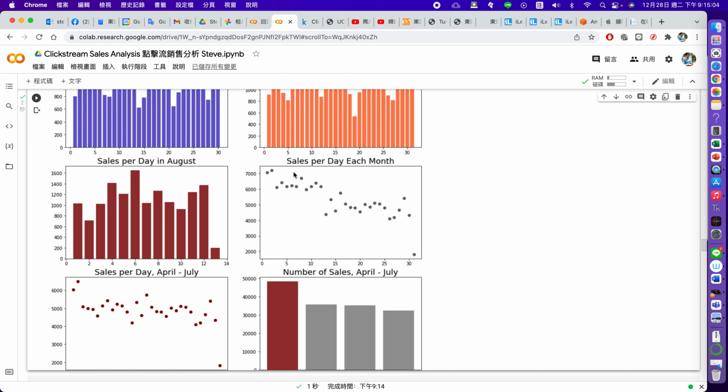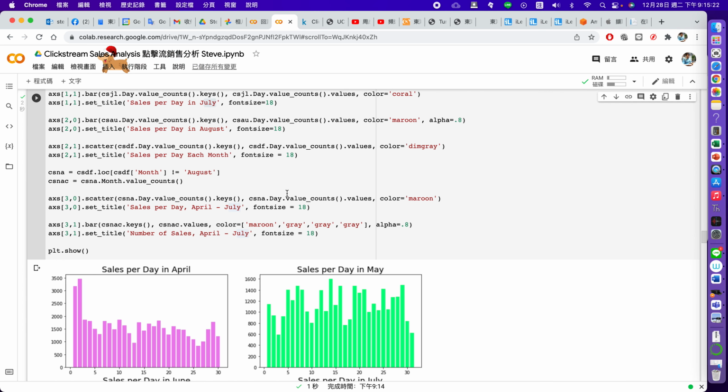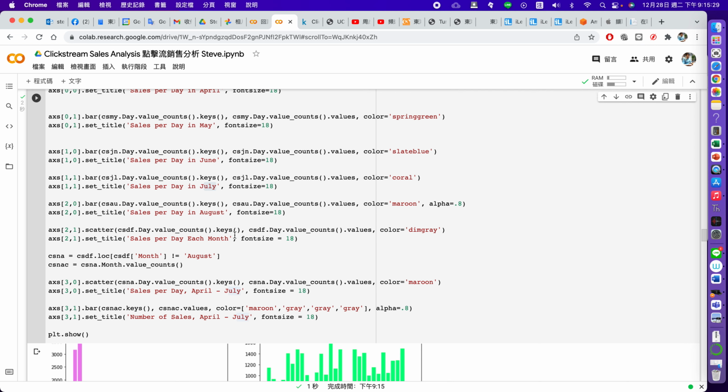And we also show the sales per day for each month. For April, the number of sales, okay, except August. Okay, so you get this diagram.